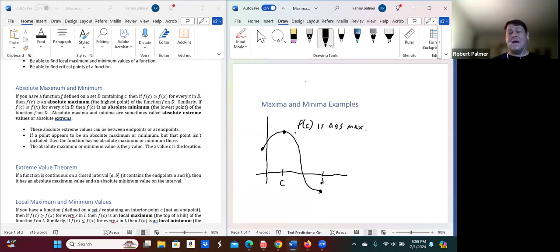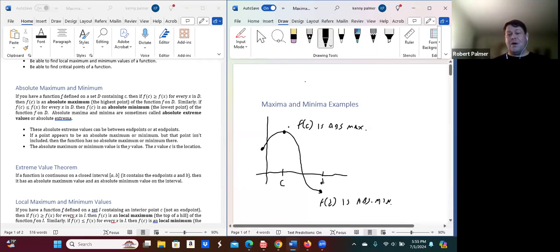This point can be the top of the hill, but doesn't have to be. Now look at our lowest point on the graph. That's obviously right here. So f of D is what's called the absolute minimum value. That's the lowest point in the graph. That can occur at an endpoint like this or somewhere in between. Either one can.